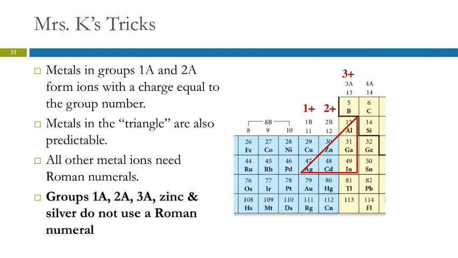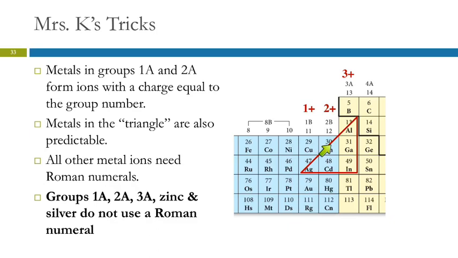So this is a summary of my tricks for these things. So group 1A, group 2A, charge equals the group number. Group 3A, we've got the charge equals the group number. And then there's this triangle. So 3, 2, 1.